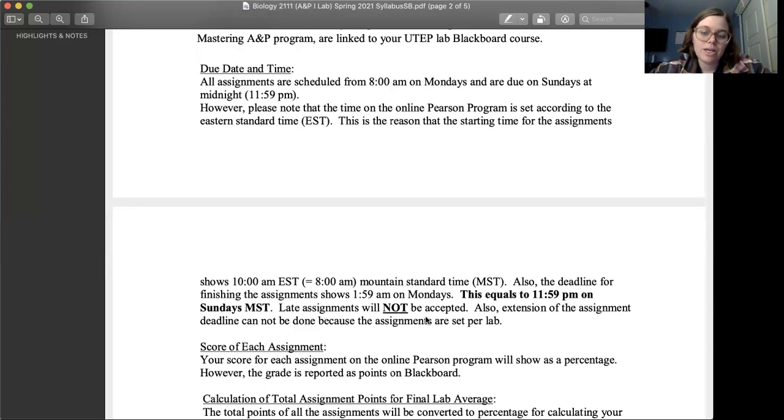No late work will be accepted. An extension of assignments cannot be done. The reason for this is that I cannot go into Pearson and extend it. I cannot go in and reopen it. I do not have the access to do so.